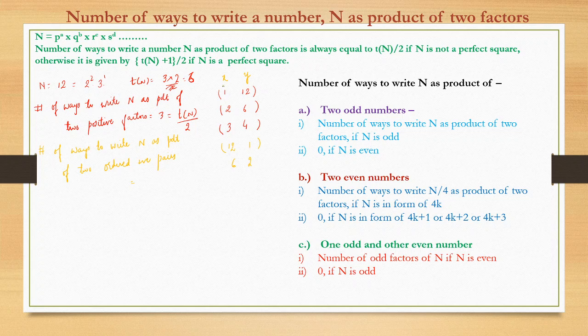In this case, x was taking a value of 2, y was taking a value of 6. Now x will take a value of 6 and y will take a value of 2. Similarly, x will take a value of 4 and y will take a value of 3. So how many positive ordered pairs can we get? 6, right? So this is 6, which is nothing but the total number of factors.